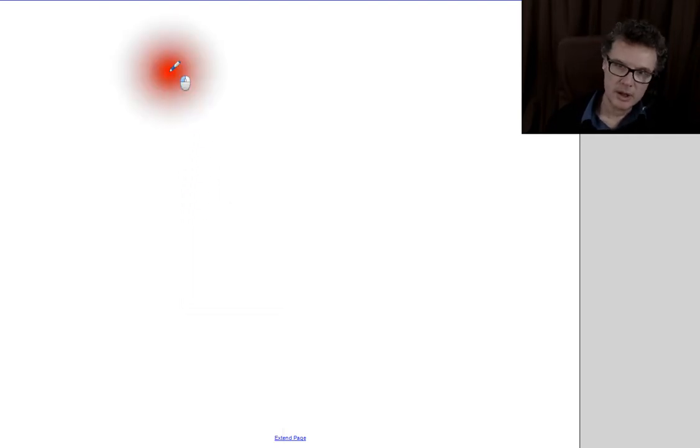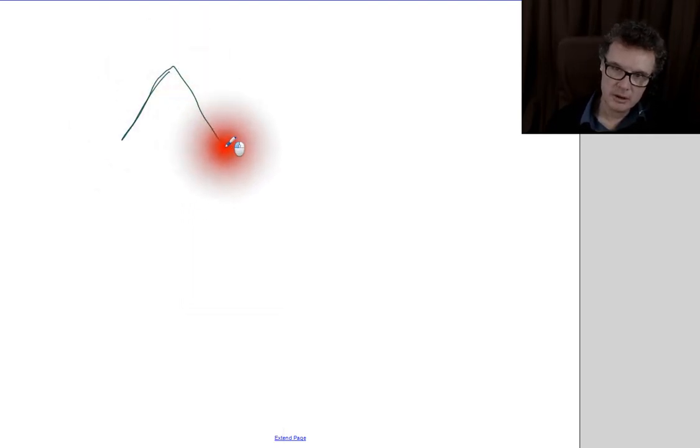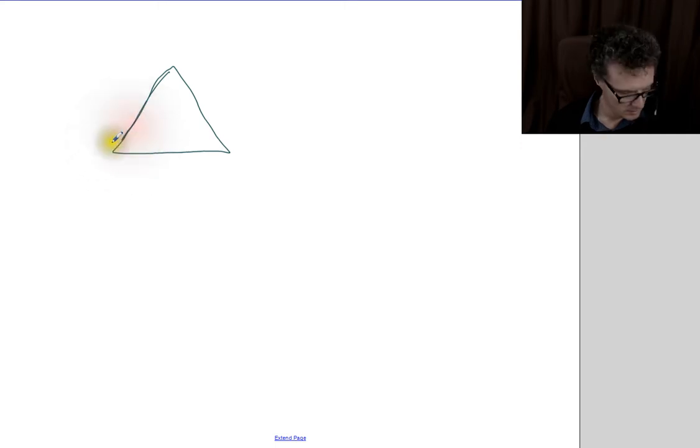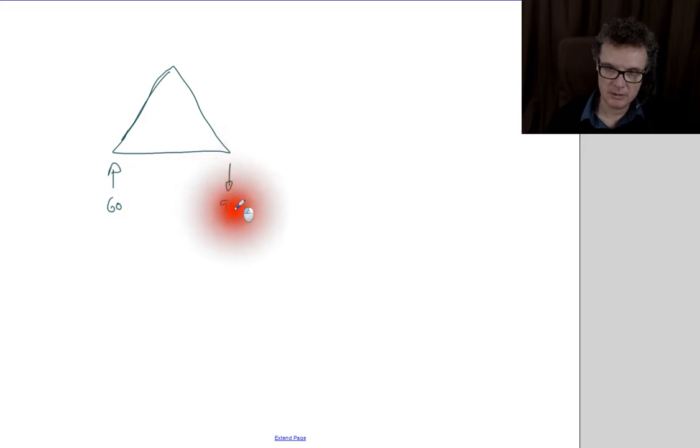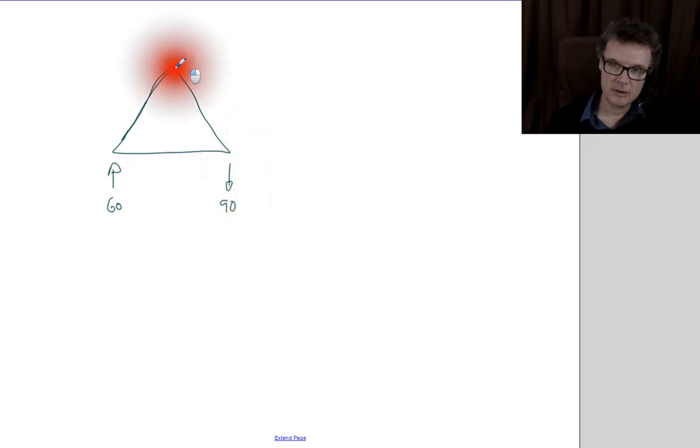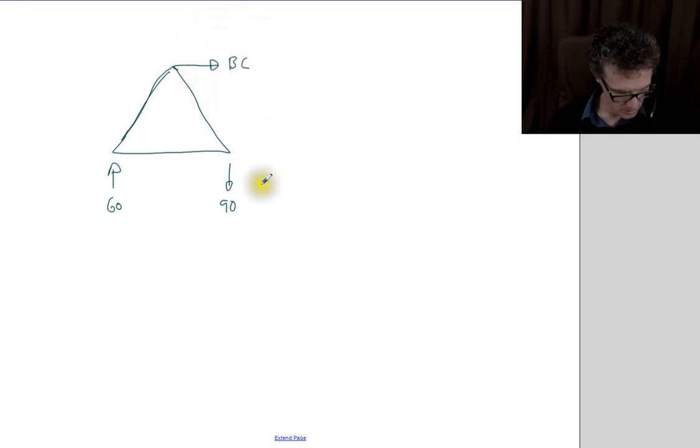So we have a triangle here. We've got our 60 and our 90. We've got this top one, which is the BC. We've got the bottom bar, which is the GF.